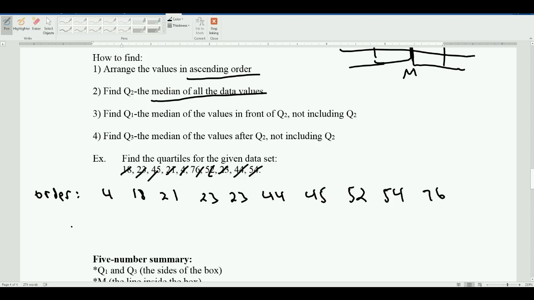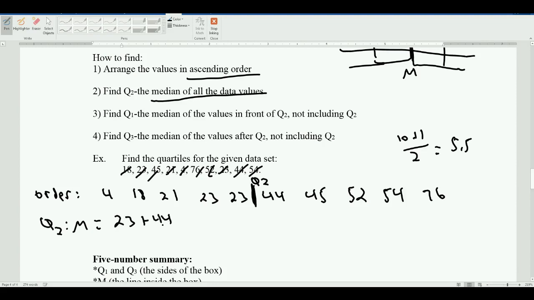So what you want to do first is find Q2, which is the median of all the data values. Since we have 10, 10 plus 1 divided by 2 is 5.5. So 1, 2, 3, 4, 5, Q2 is right in there. It's the average of those two numbers.